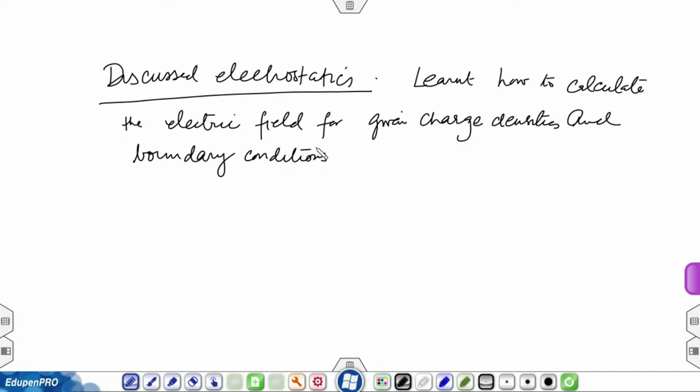Now, we are going to switch from this week onwards to learn about magnetostatics.